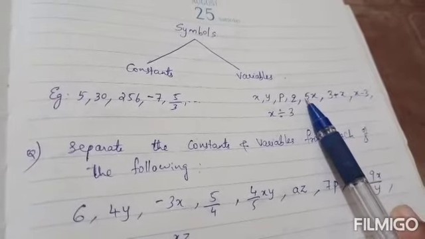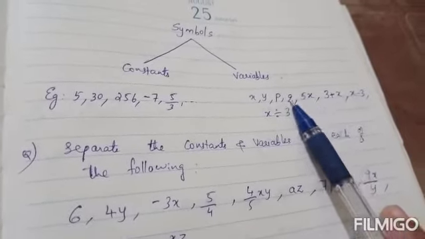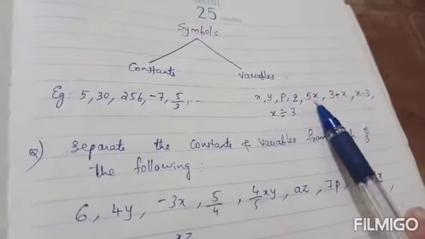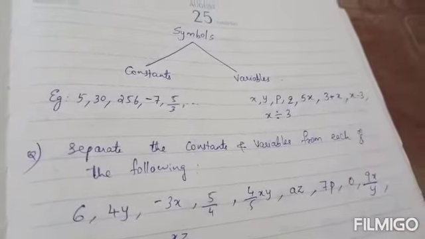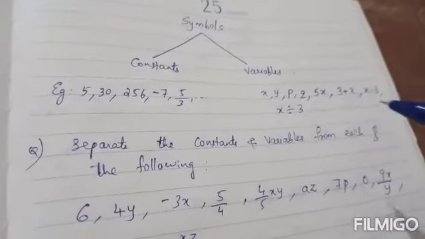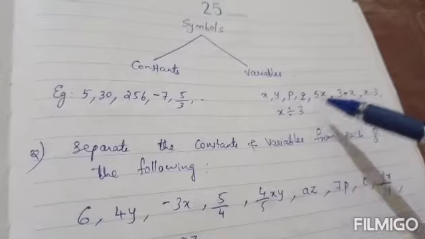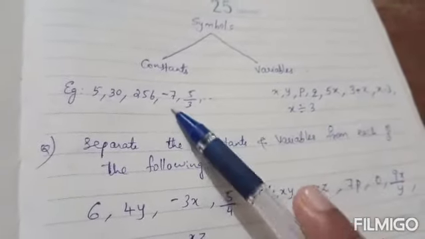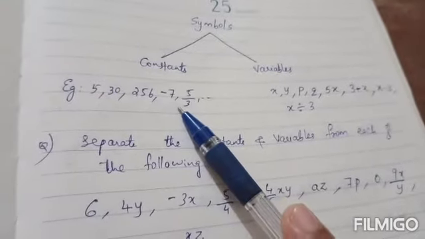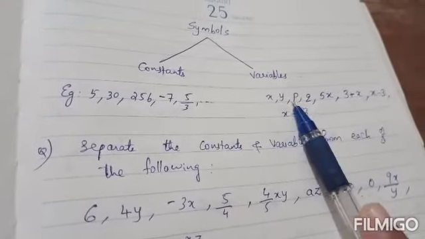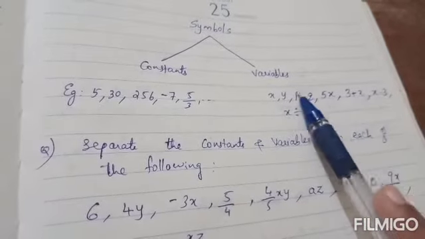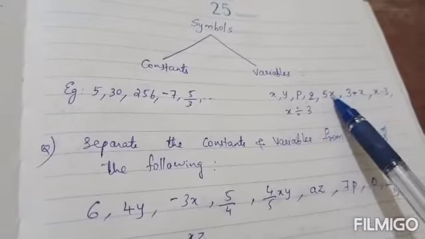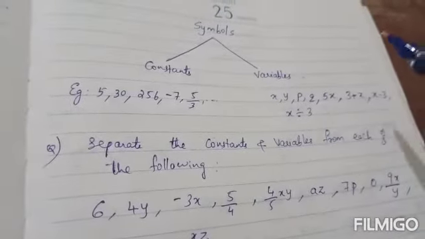Here 5 is a constant, x is a variable. Combination of constant and variable is always a variable. If numbers come, it is a constant. If letters come, they are variables. If both number and letter come, they are variables.